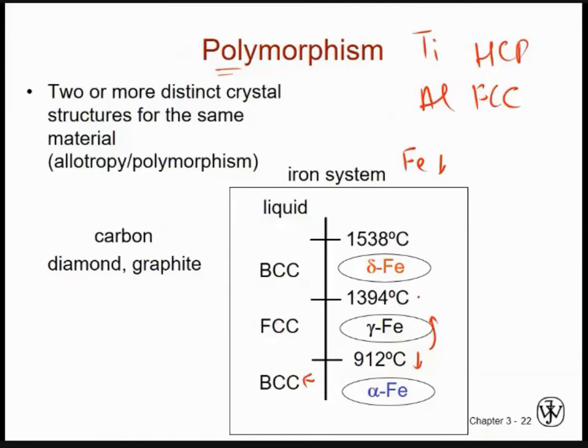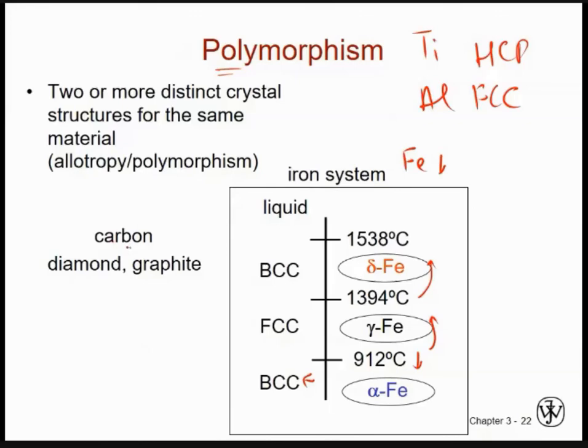And if you increase temperature further, it will return to BCC again. So one element has more than one crystal structure, and it's called polymorphism. So if you see, BCC iron is called alpha iron, FCC iron is called gamma iron. In further chapters, we will see this in details.